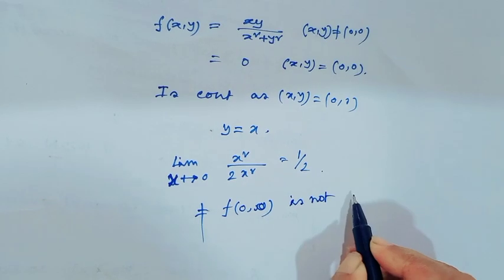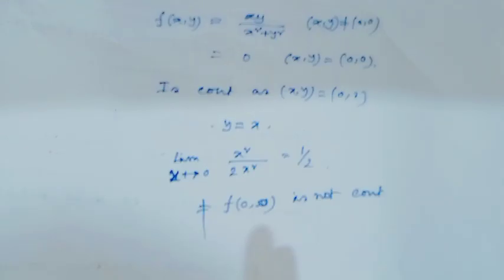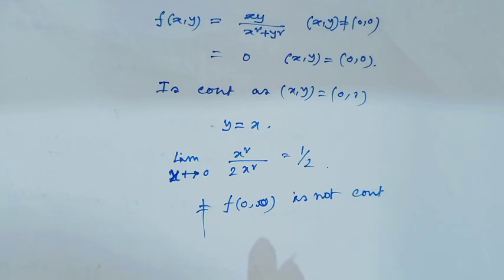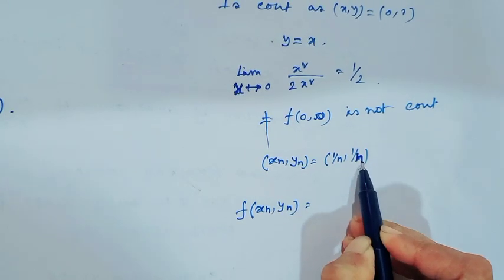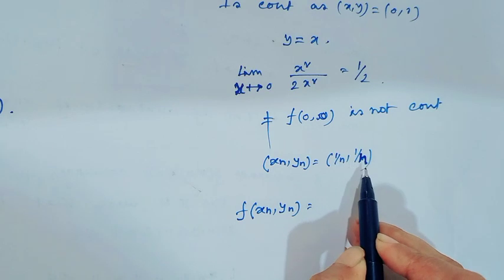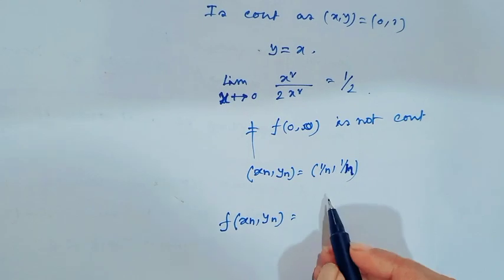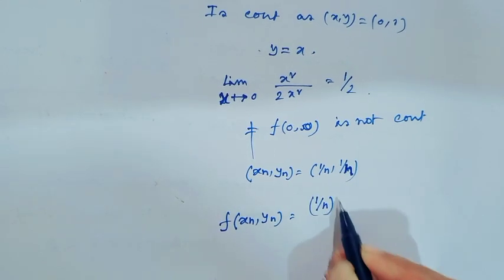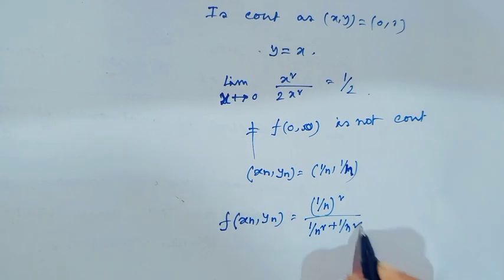But today I will try to prove all examples by the sequential criterion. For this, consider a sequence (xn, yn) equal to (1 over n, 1 over n). Then f of (xn, yn) would be 1 over n square over 1 over n square plus 1 over n square.